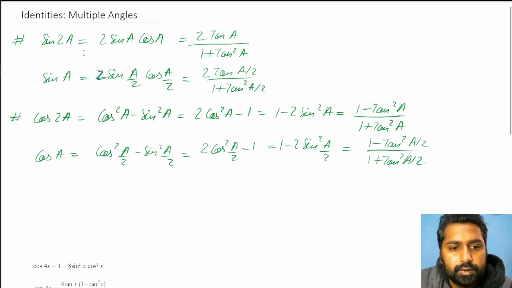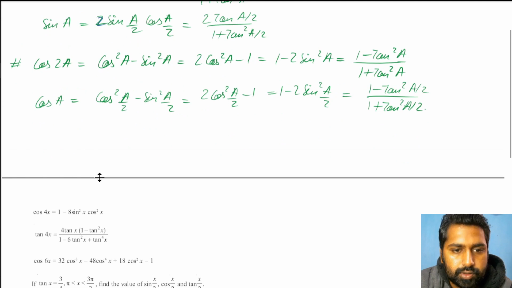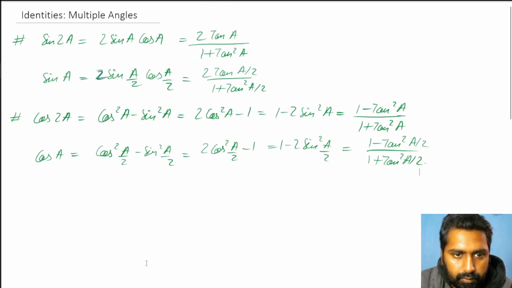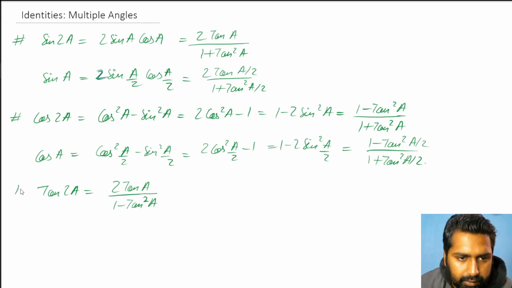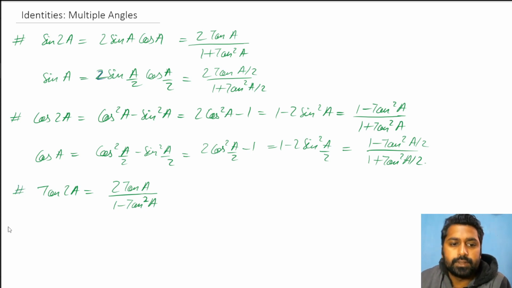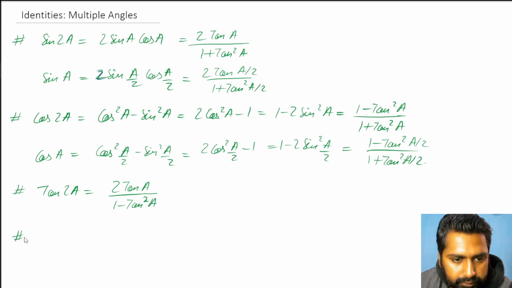All right, sine 2a done, cos 2a done. Let's do tan 2a also. Now tan 2a is 2 tan a upon 1 minus tan square a. No variation, directly this identity. Then you have the identity of sine of triple angle, sine 3a.